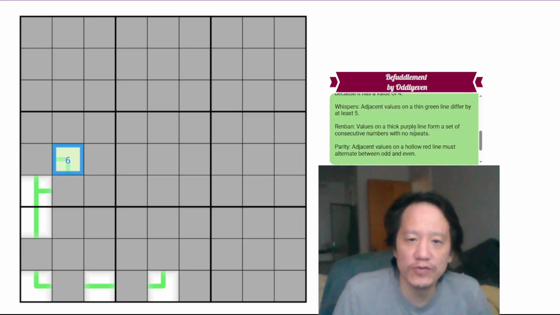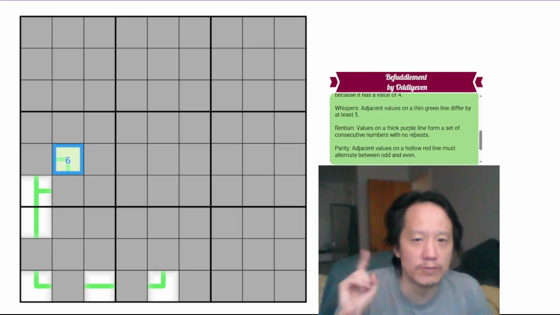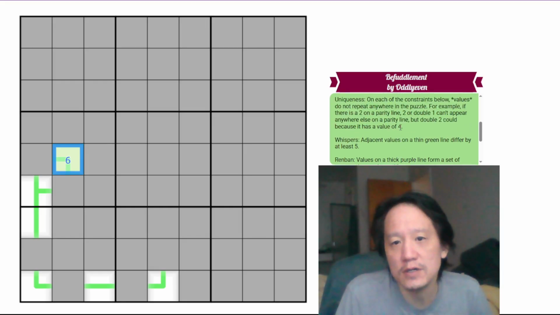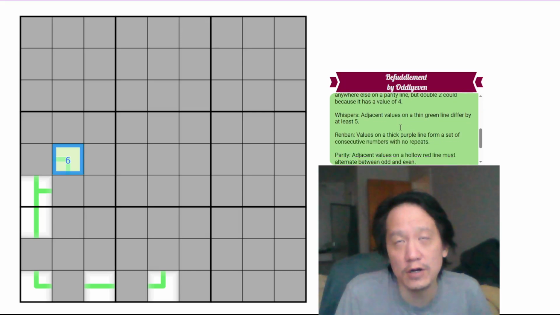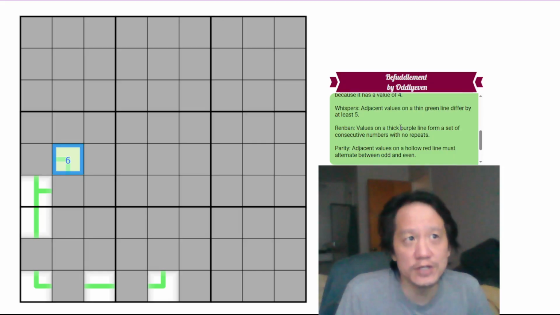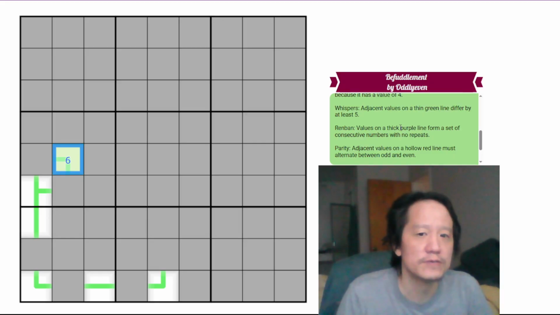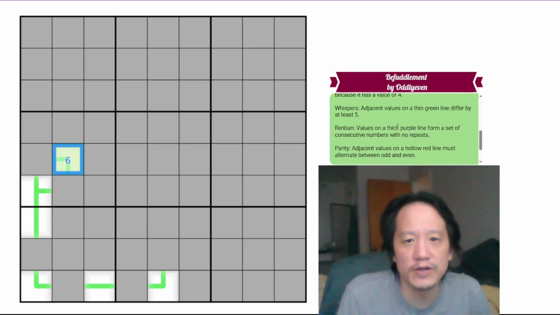And that's an example of how whispers work. And again, remember, values are unique across a single constraint. So keep that in mind.